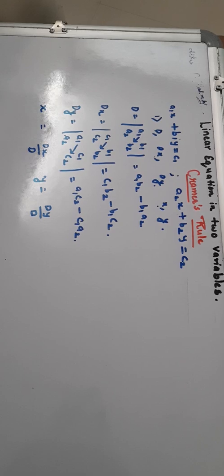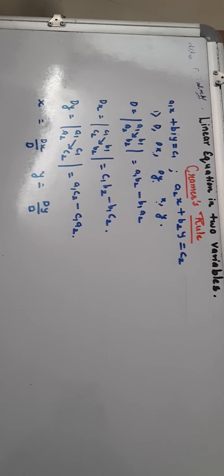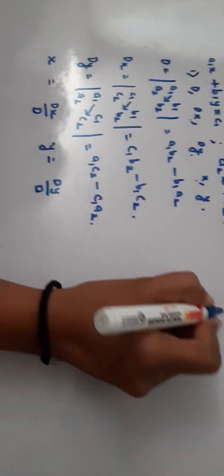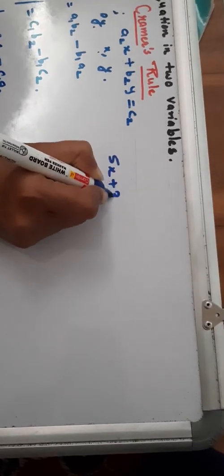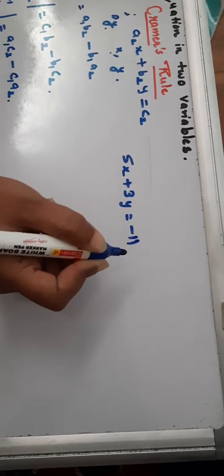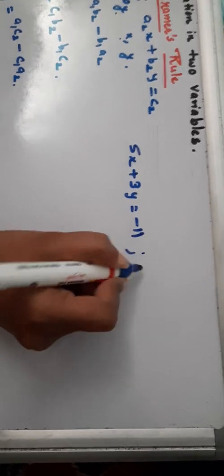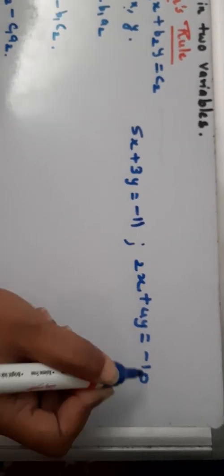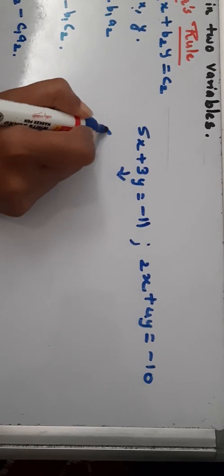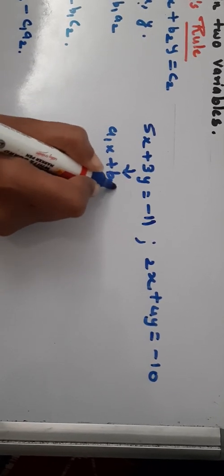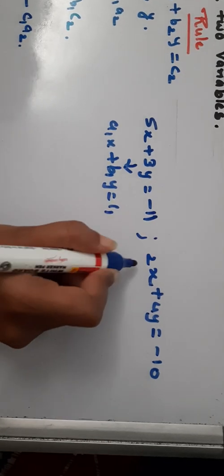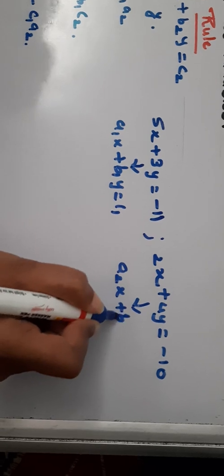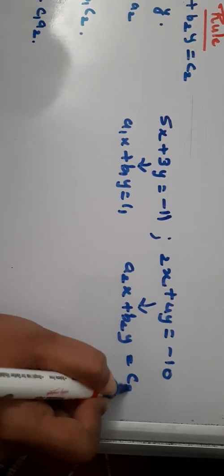So the problem is 5x plus 3y equal to minus 11, and the other equation is 2x plus 4y equal to minus 10. This one you have to compare with a1x plus b1y equal to c1, and this one with a2x plus b2y equal to c2.